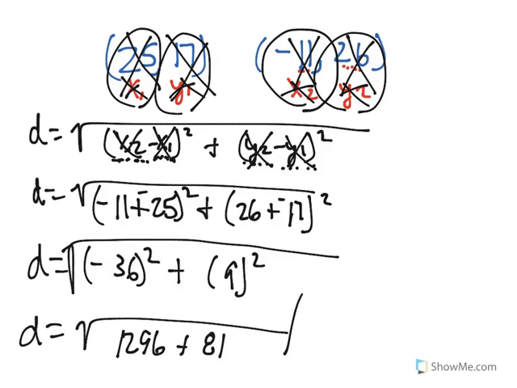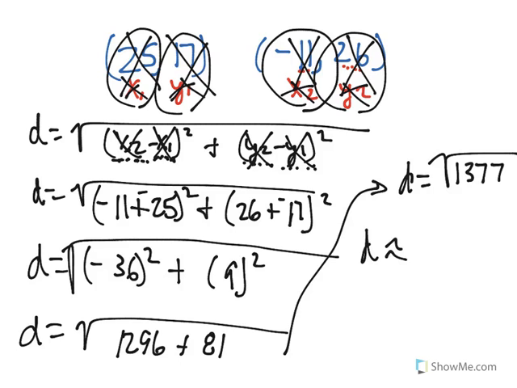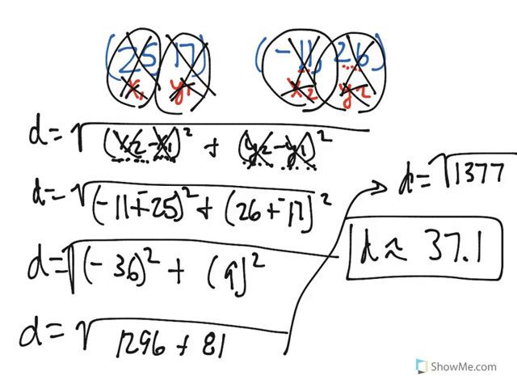I'm going to add those up. Running out of room. Square root of 1296 plus 81, 1377. Square root of 1377. And I get a distance of 37.1.